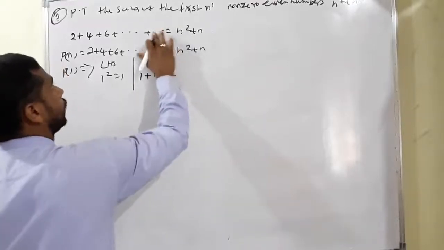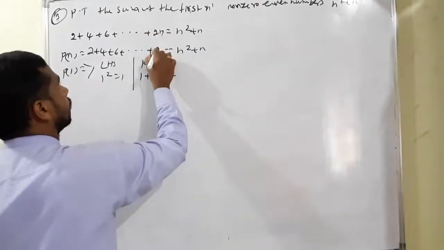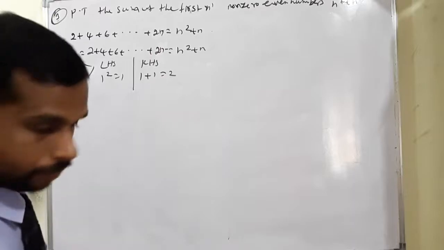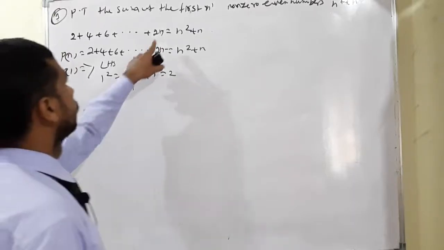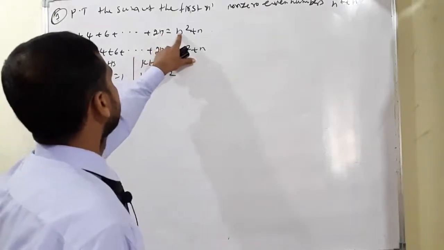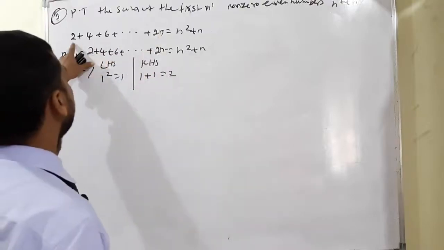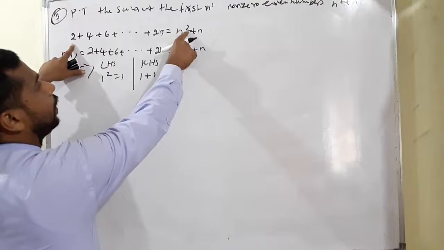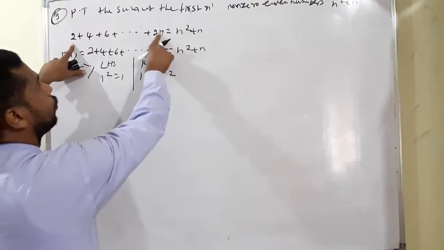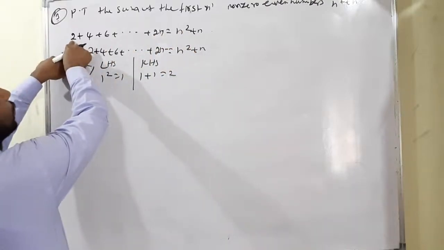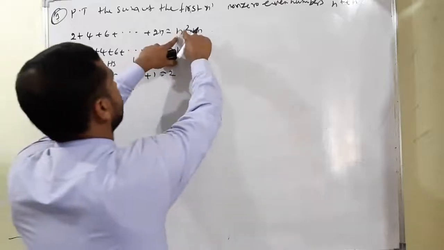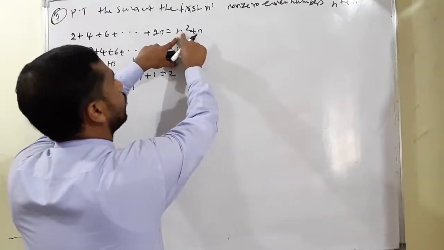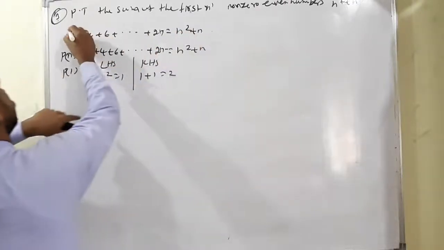Here also 2n. Taking n as 1, 1 into 2 means 2. Here, 1 square is 1, 1 plus 1 is equal to 2. It's correct now.